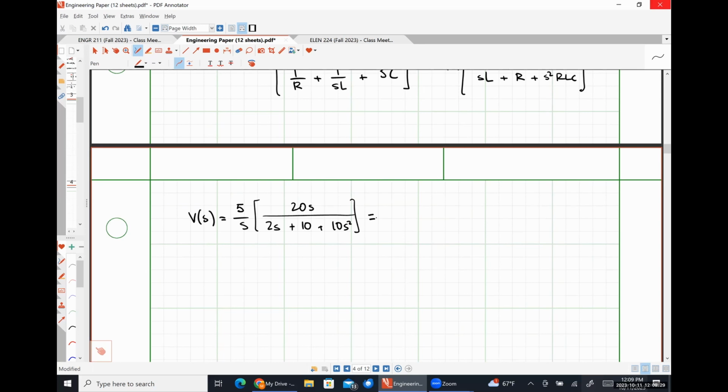This is going to be of the form A1 over S plus B1 over something we'll need to figure out in a moment plus B1 conjugate over that other thing. I think this is going to be the way.